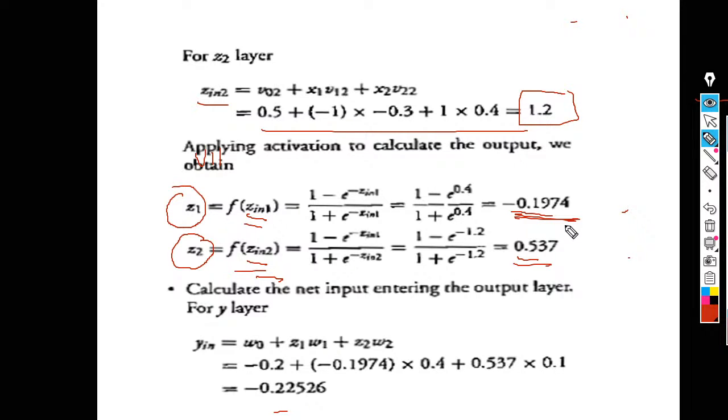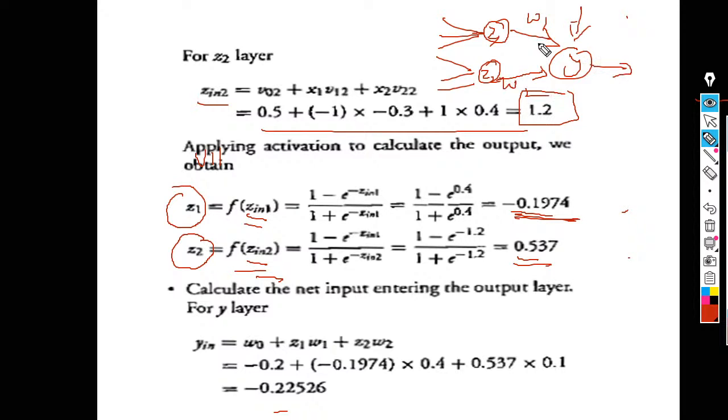So the initial structure was like this. This was z1 and this is z2. Inputs are coming here, and these two are going to y with w1 and w2, and then there is one bias.